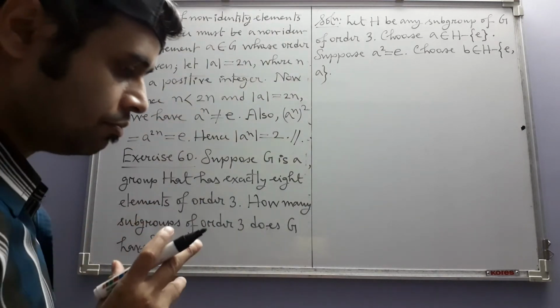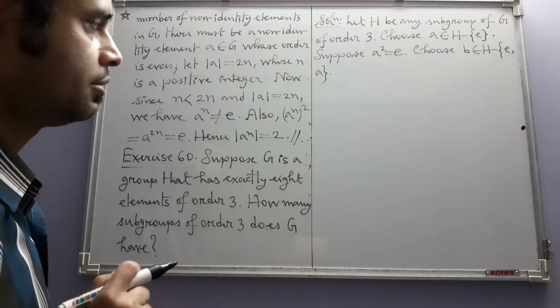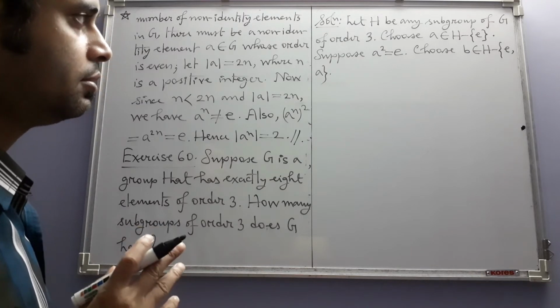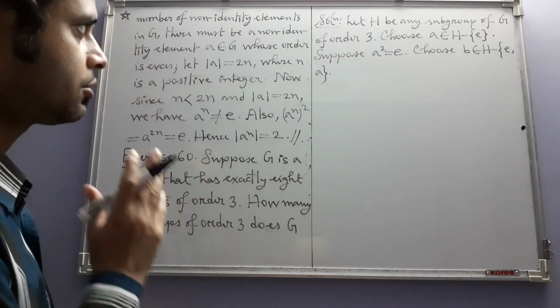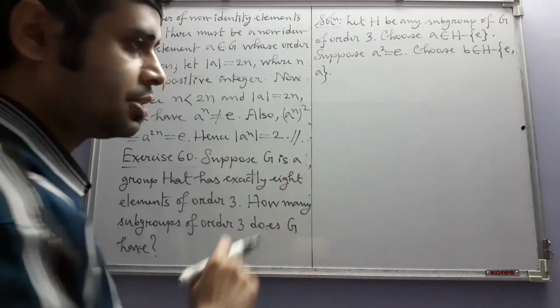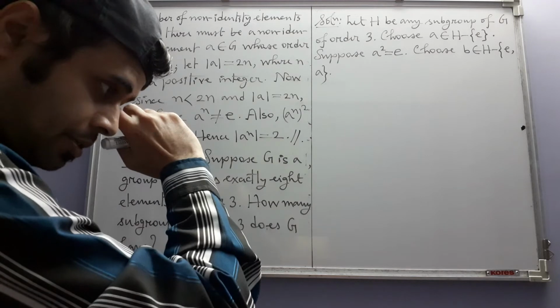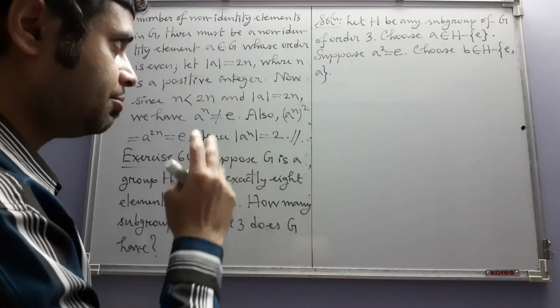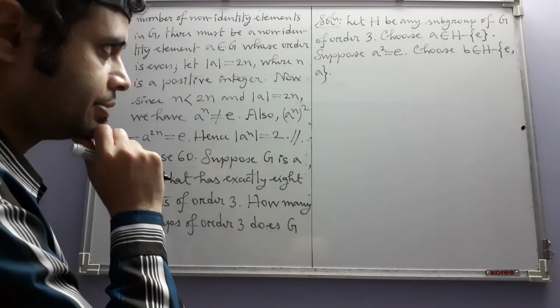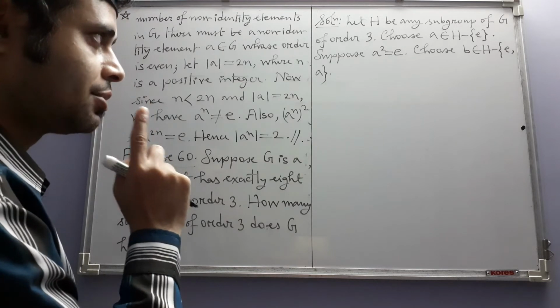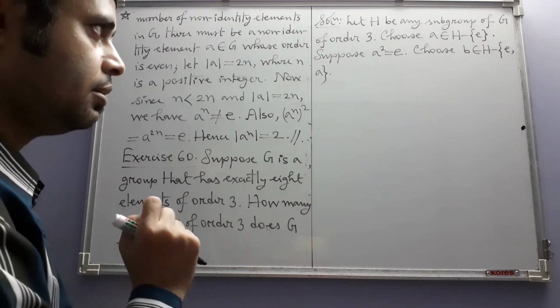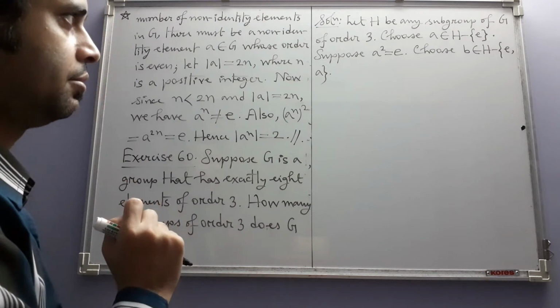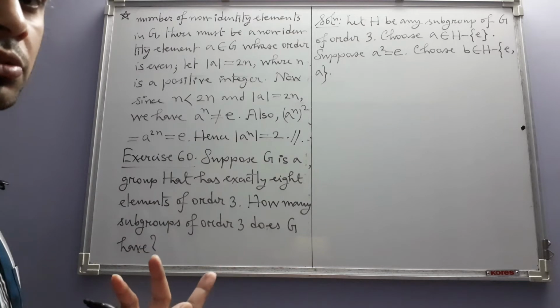Now we claim that this B, okay, why did I choose B? I mean, of course I want this supposition to be wrong. Let me just think. It came to me and then it went away. I have chosen B to be that element in H which is neither E nor A. Okay, then what is B square?